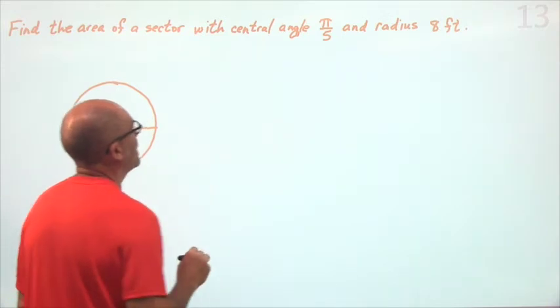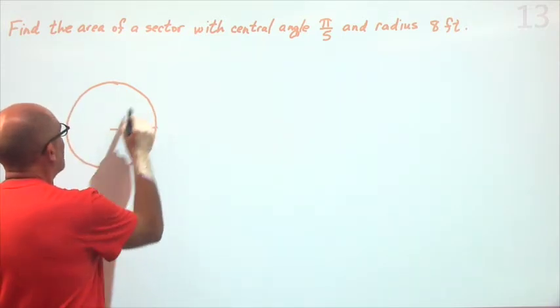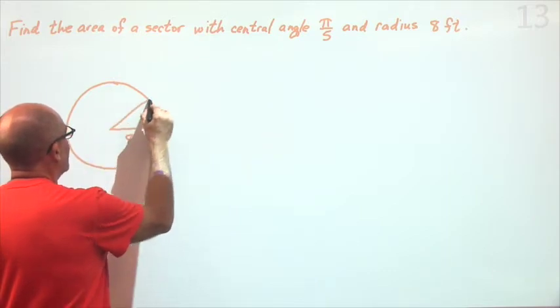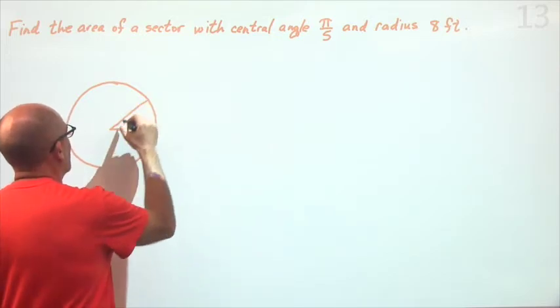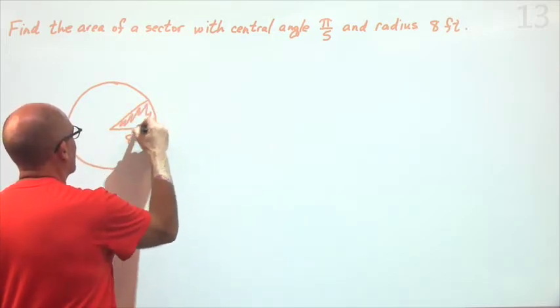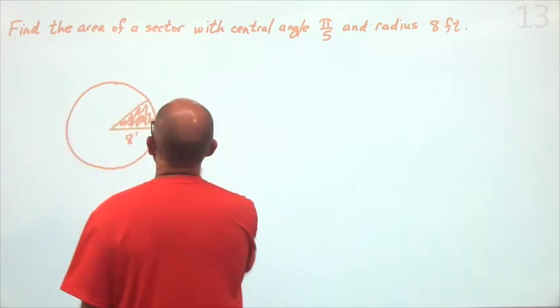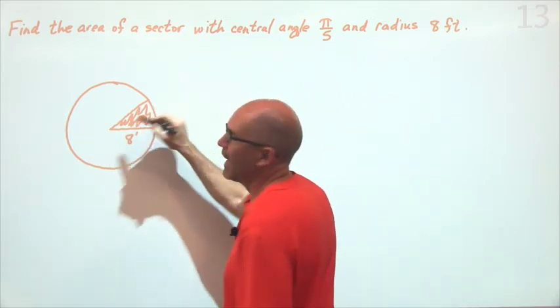And the angle is pi/5. Well, I know that pi/4 is about 45 degrees, so pi/5 would be slightly less than that. That's a little bit too small, but we'll go with it. So here's the sector that we're dealing with. So what is the area of that sector?